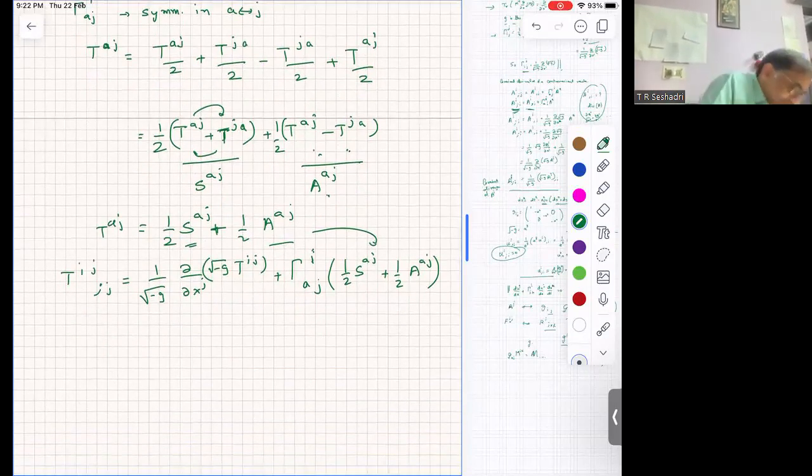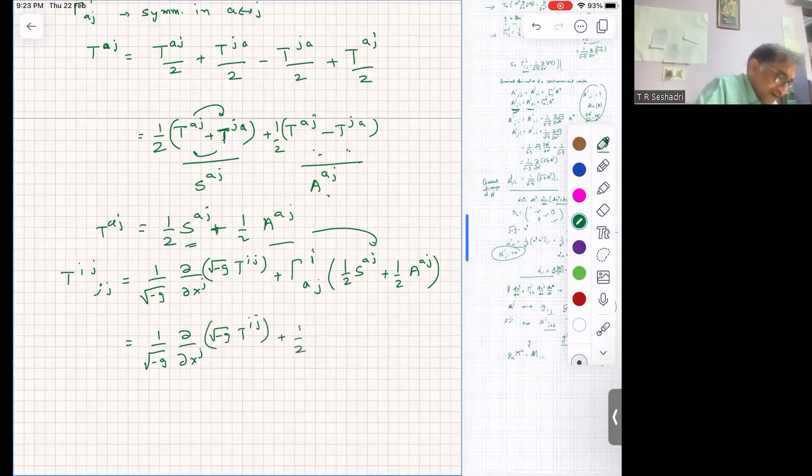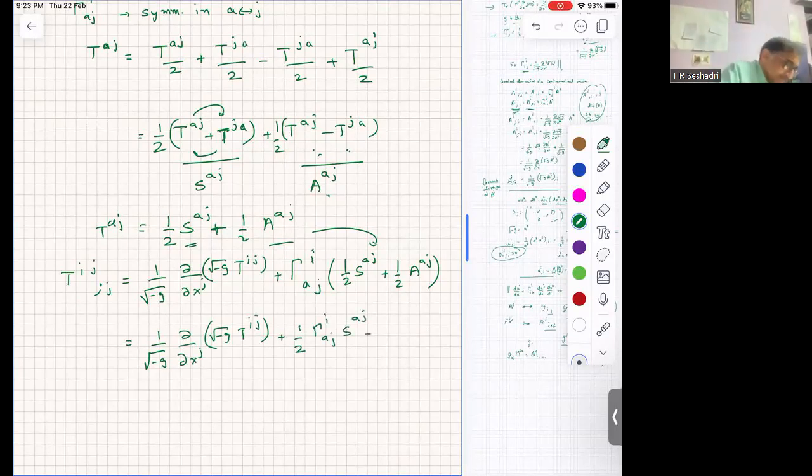And now I can write this in another interesting way: 1 by square root of minus G del by del xj of square root of minus G TIJ plus half gamma IAJ SAJ plus gamma IAJ half AAJ.